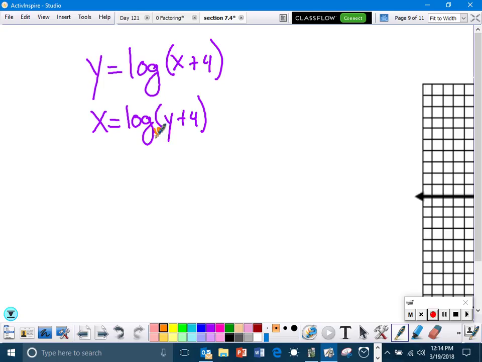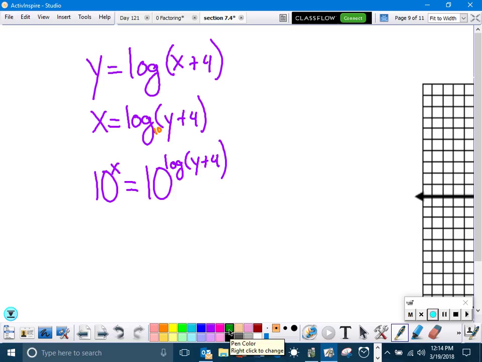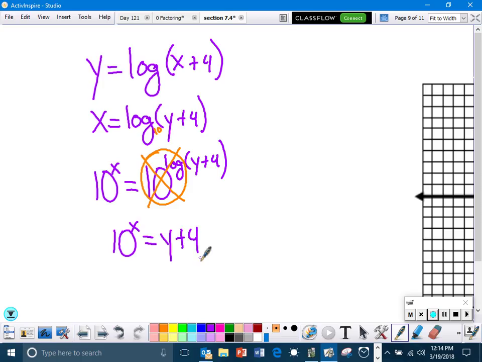So I'm going to rewrite this. Here we go. I'm going to go 10 to the x power equals 10 to the log times y plus 4. The reason we do that is because now I can get rid of this. That cancels each other out. I'm getting rid of the word log. So now I have 10 to the x power equals y plus 4.